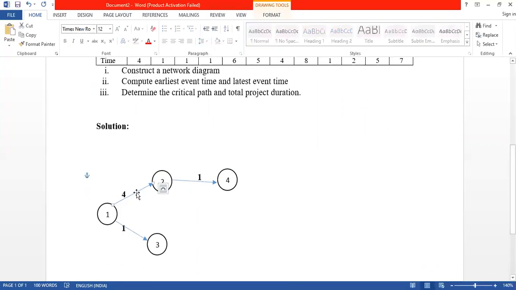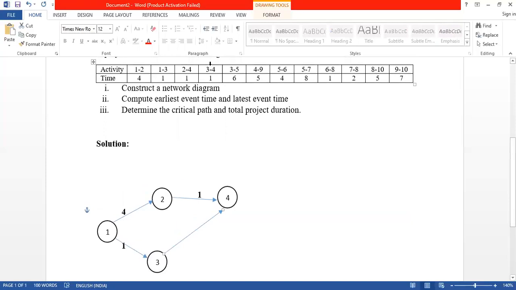3 is also connected to 4. So there is an activity which is connecting event 3 to event 4, as it has been mentioned here. And this is taking 1 hour time. Fine.